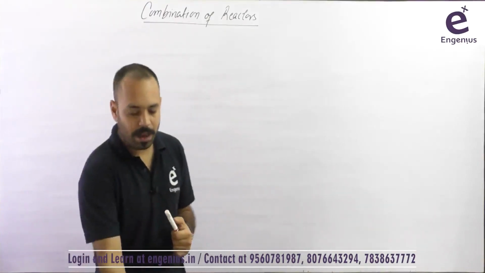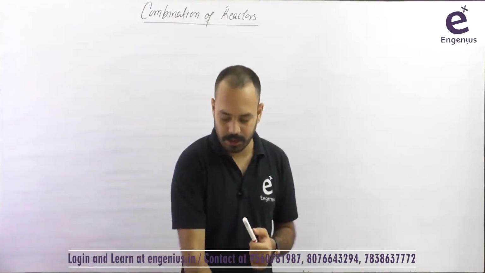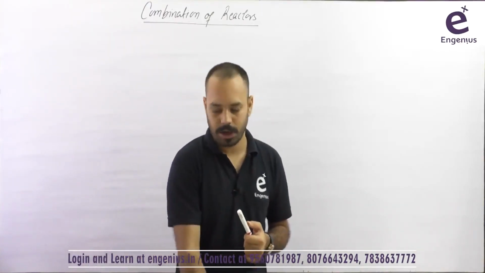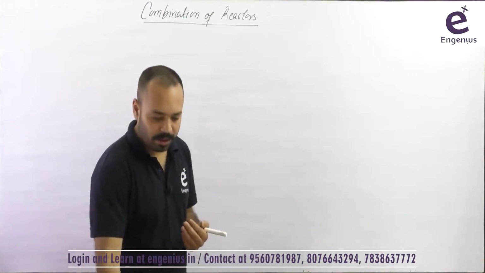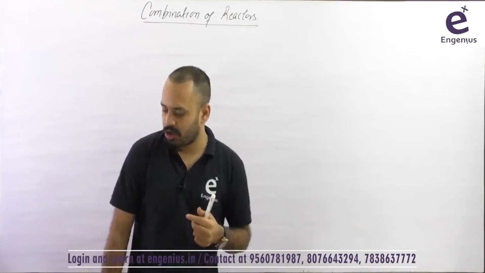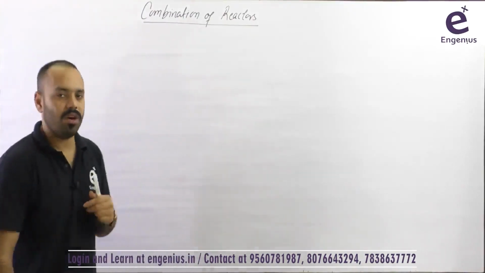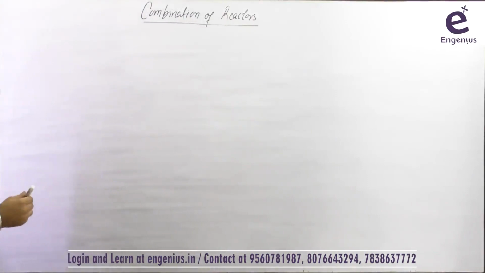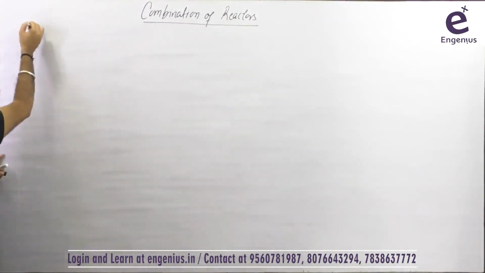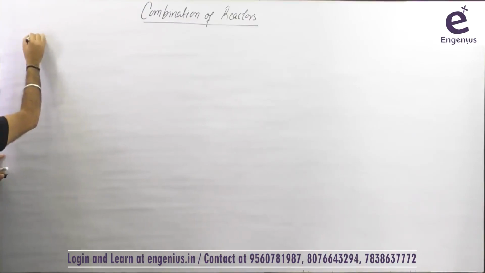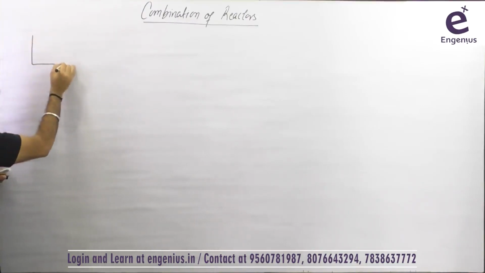I gave you the quantitative analysis, but we want some qualitative analysis right now, of how to analyze what is happening in that combination of reactors, and how to analyze the things on Levenspiel plots also. So let us consider two CSTRs. You can take three also, but let's take the case of two CSTRs connected.